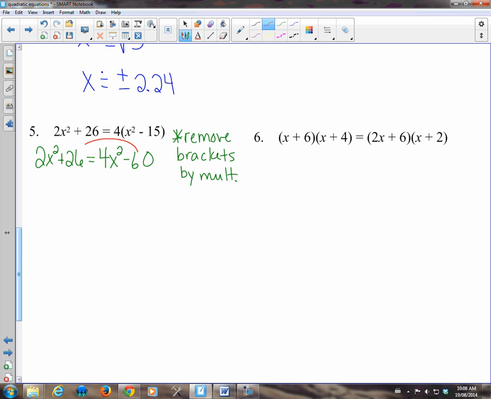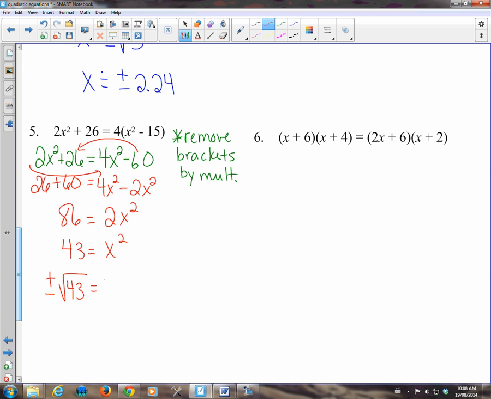It's easiest to put 60 over here because it will change from subtracting to adding, so I don't have negative signs to deal with. And my 2x, the opposite of 2x would be minus 2x. So I have 86 equals 2x squared, divide by 2, 43 equals x squared, and the opposite of squaring, square root, remembering your plus and minus.